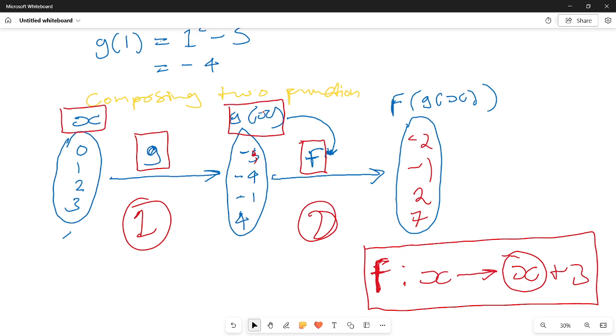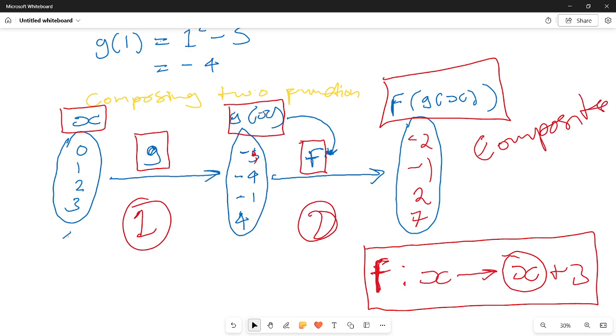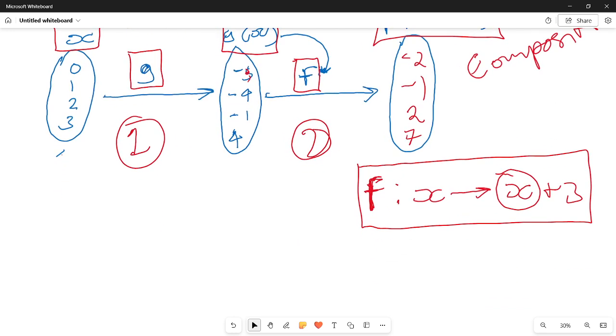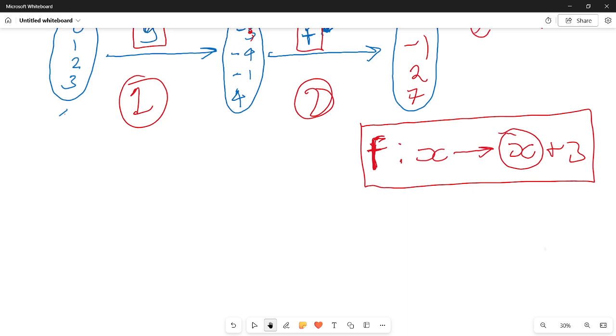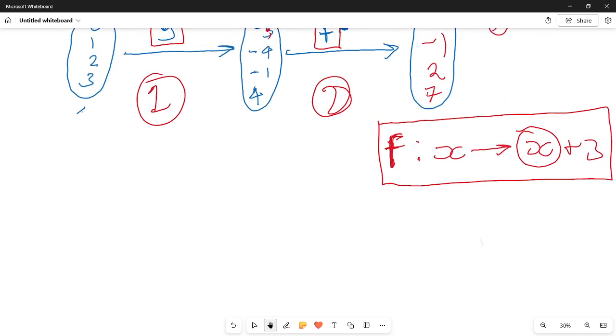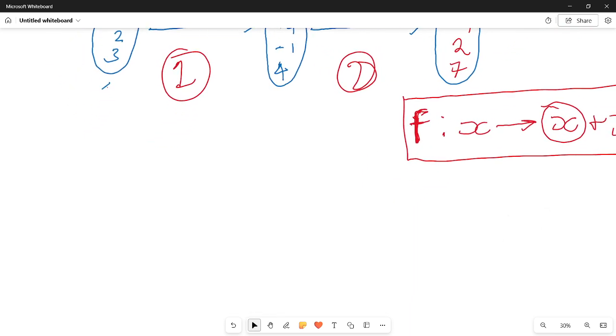So it means that we have come up with what is called a composite function. A composite function in this case has been realized after combining two functions. So let me write the general case.